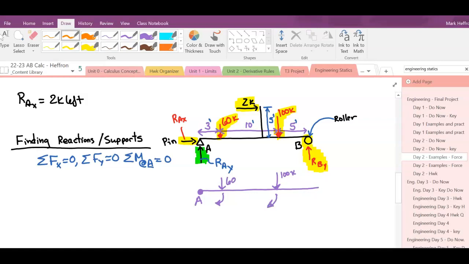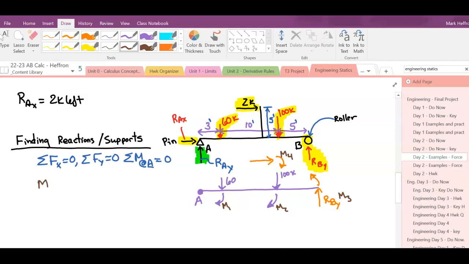We've got RBY. It's going to cause rotation the other way. And the last one is up here. I've got a force here. It's going to cause also clockwise rotation. So I have M1, M2, M3, and M4. 4 moments I better consider.